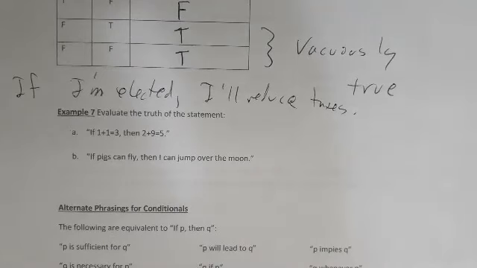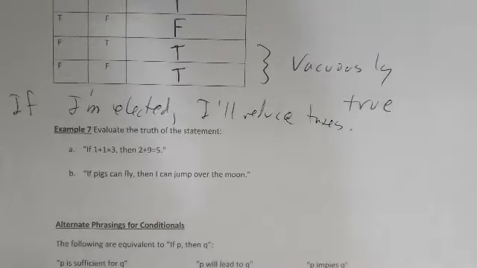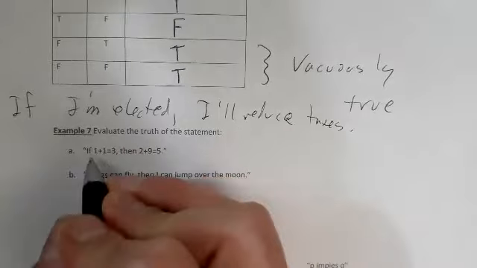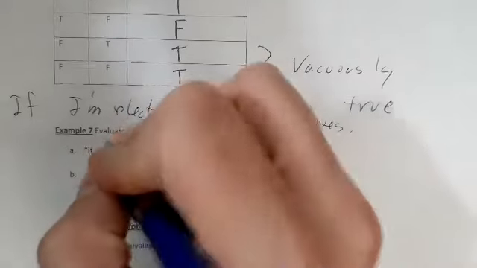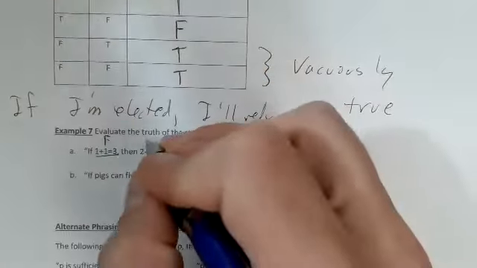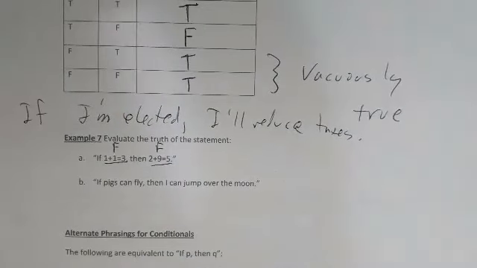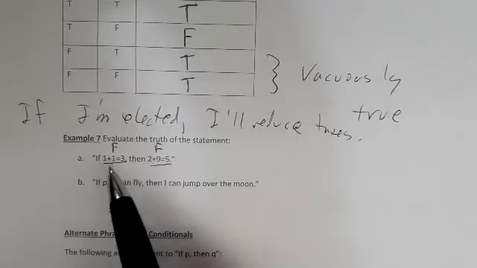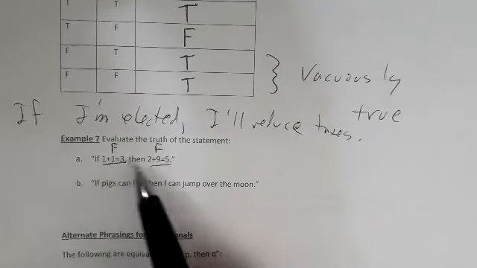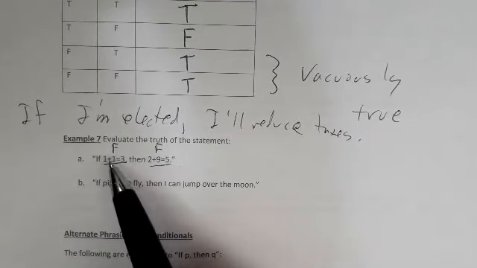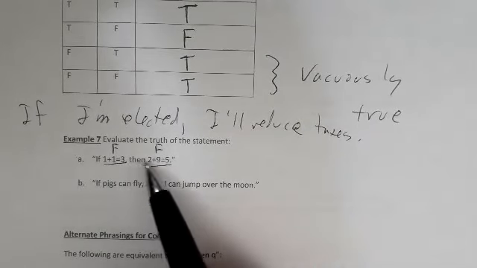Evaluate the truth of the statement: if 1 + 1 = 3, then 2 + 9 = 5. And so this is what I would do. I would look at these statements. This one is false. But we know overall the if-then statement, if the first thing is false and the second thing is false, this is that vacuously true thing.